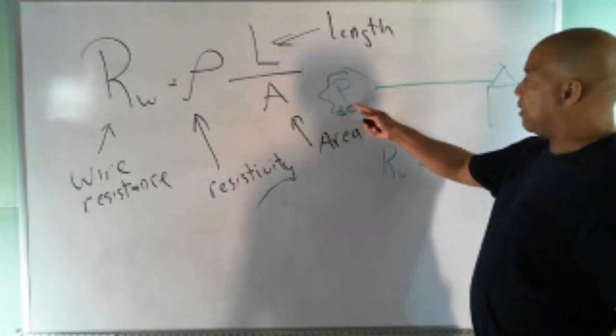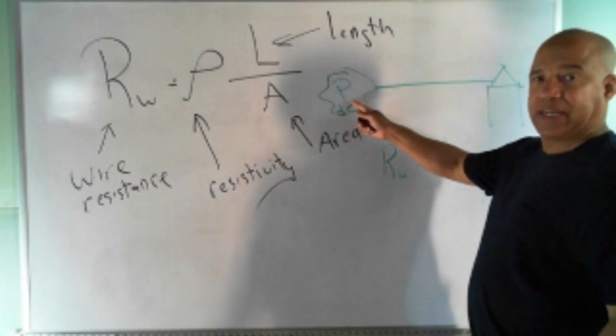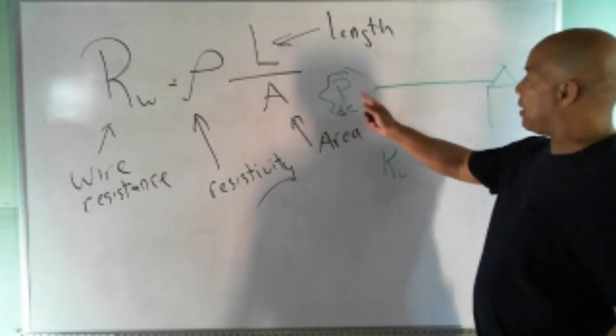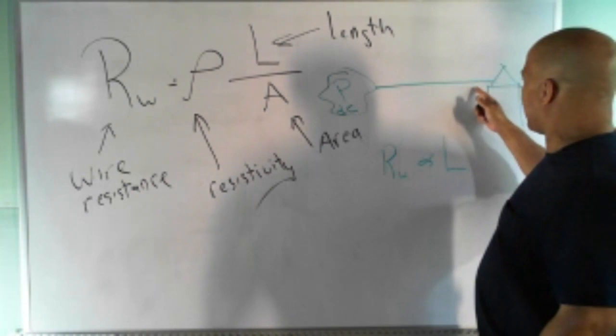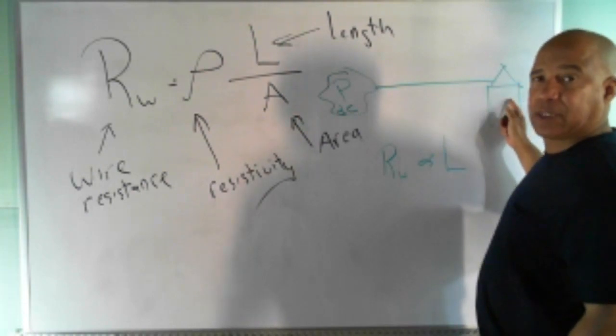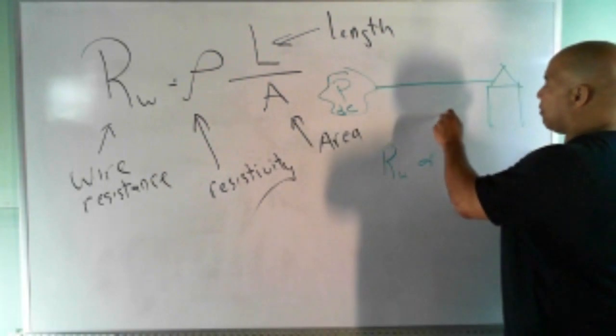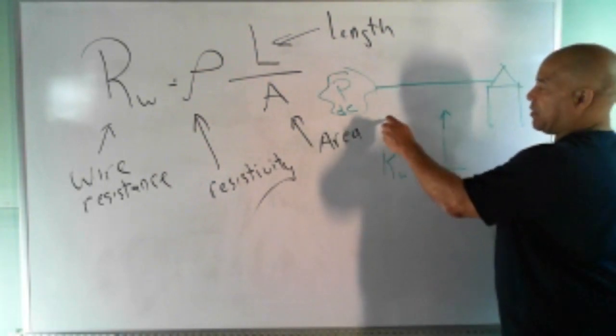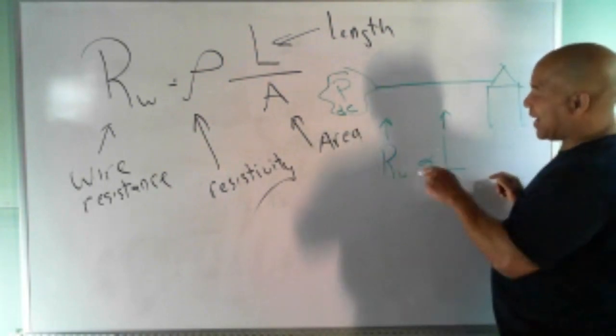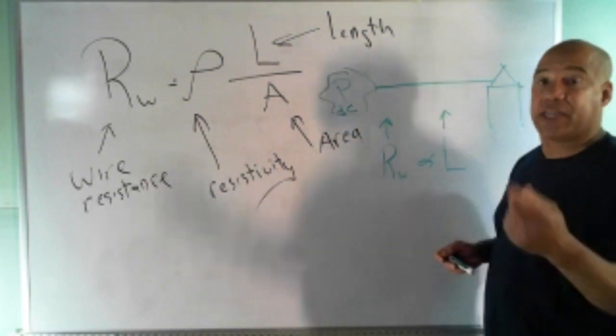So if I have a power generating plant over here, and many, many miles away, I have the city or the town that I'm trying to distribute the power to. If I have a really long piece of wire, that means the resistance of that wire is going to be really high. Now that in itself is not a problem until you run a current through it.